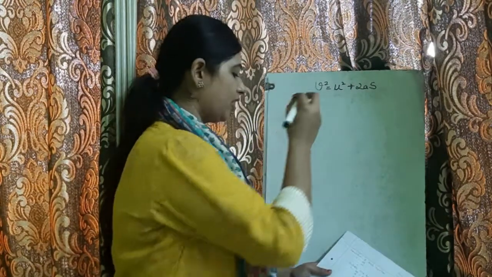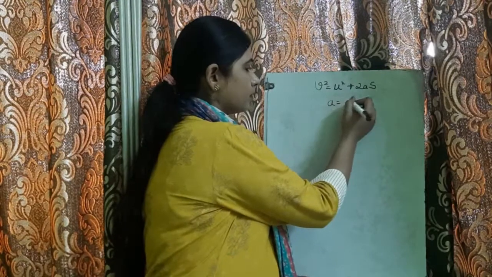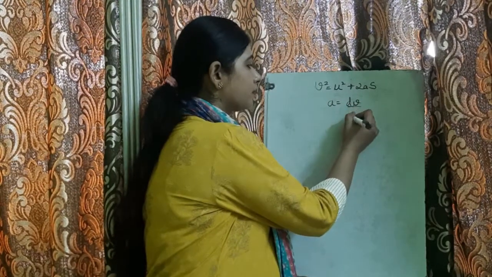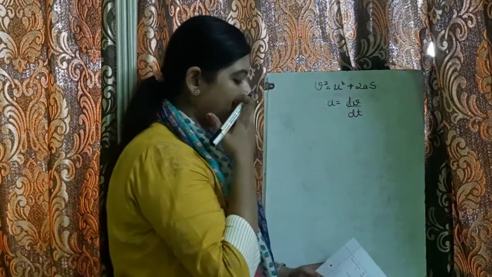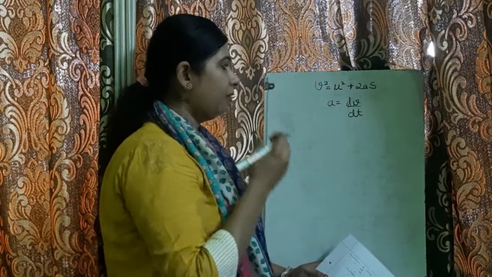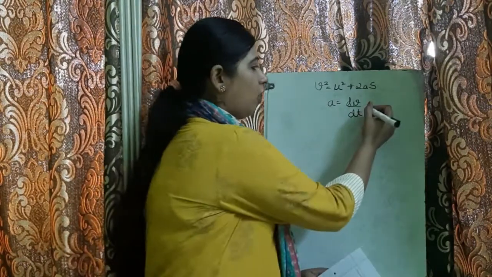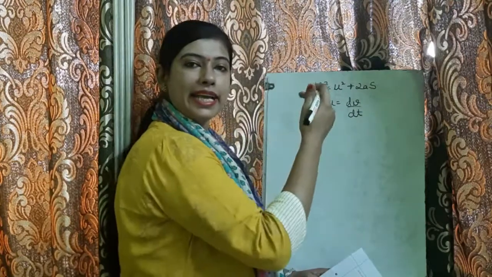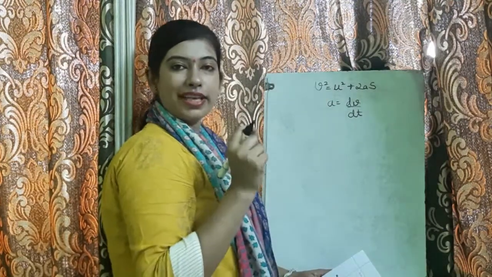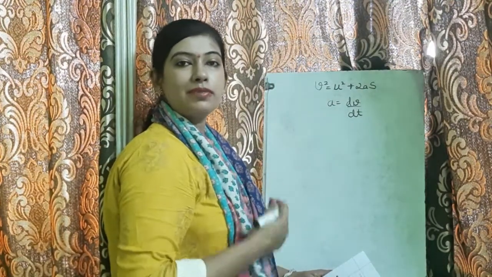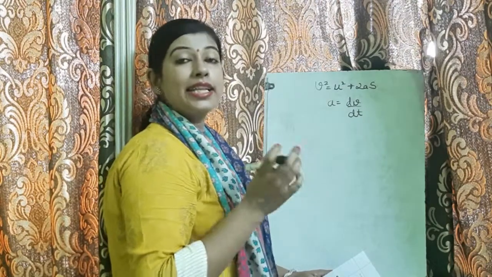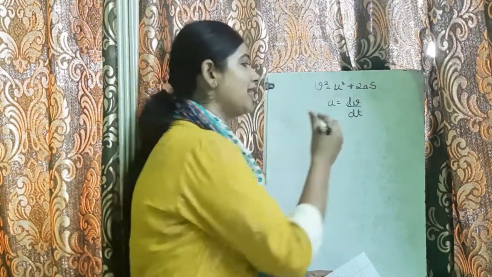2as. So here we will take the equation as a is equal to dv by dt. Now here we will multiply on this side by ds upon ds. जब भी हम किसी इक्वेशन को सेम टर्म से मल्टीप्लाई एंड डिवाइड करते हैं, then this equation remains the same.